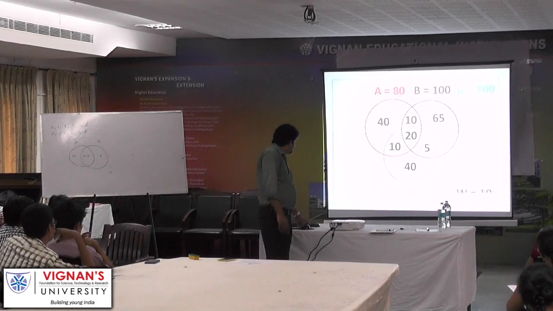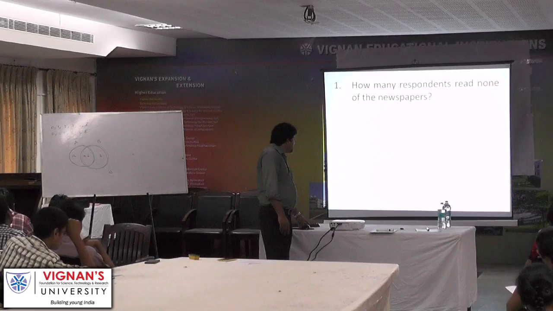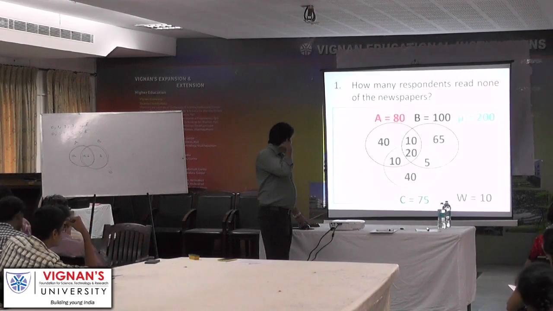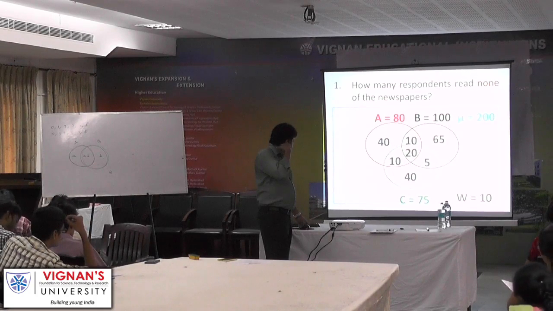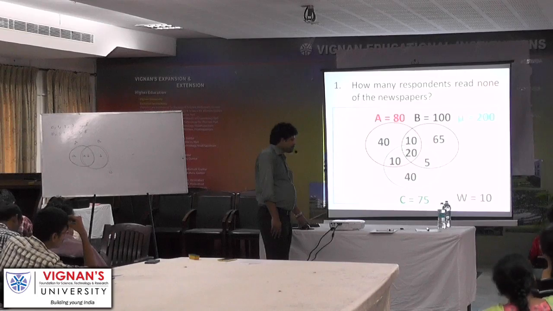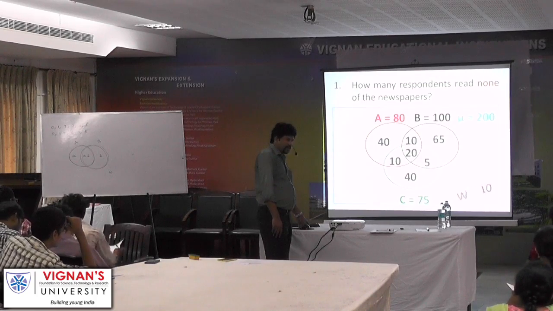Now, how many respondents read none of the newspapers? This is what we got. How many respondents read none of the newspapers? 10. Next one. That's it, right?